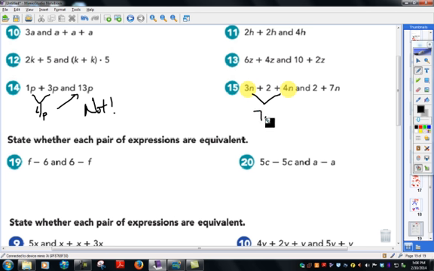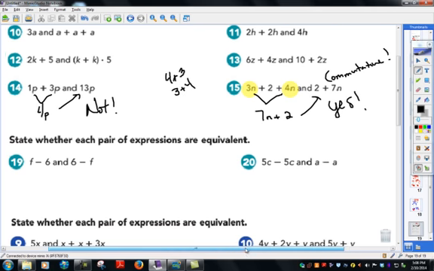I would have 7 n's, and I'd be adding on 2 constants. Are those the same? Absolutely yes. Why? Because of the commutative property of addition. Those are the exact same thing. Remember, 4 plus 3 is the same as 3 plus 4. That's the same thing.